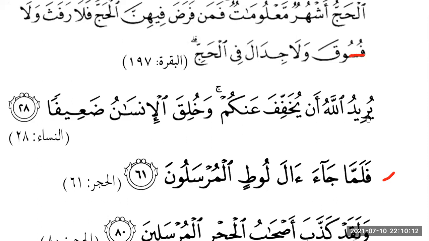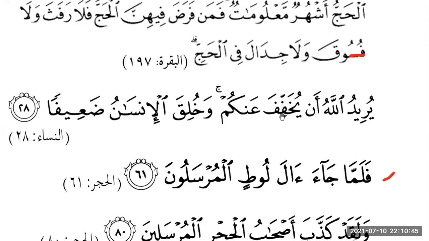Yuridu means irada, yuridu, want. It's a third person with a ya, yuridu, so he wants. It's a mudari. Then you have Allah, is Allah. An, I will explain this an later. Then you have yukhaffifa, also a fi'l mudari.